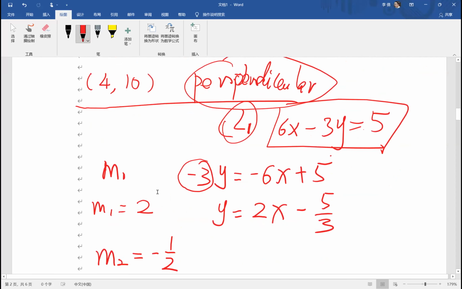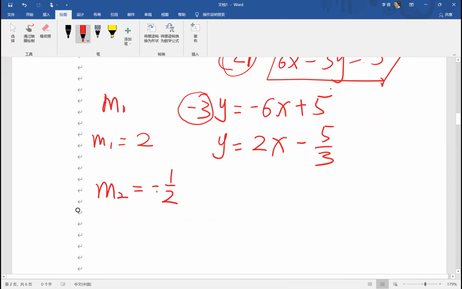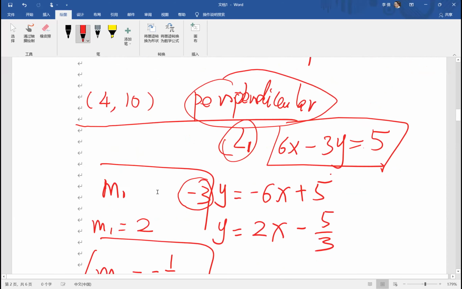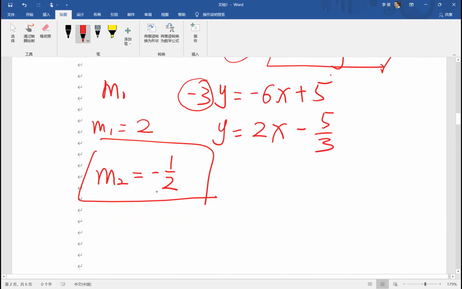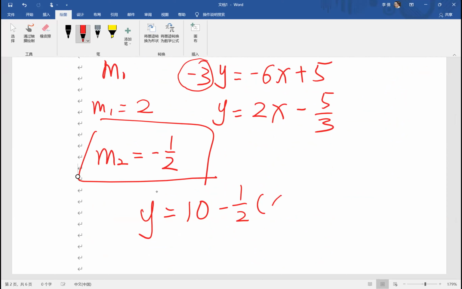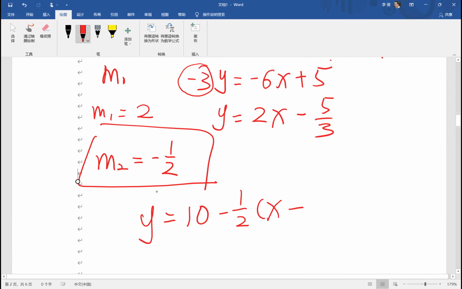If we know the slope of this line, and we know this line passes through (4, 10), we can write y - 10 = -1/2(x - 4), right?